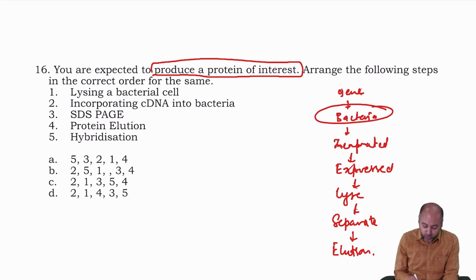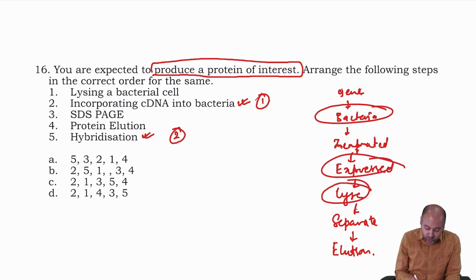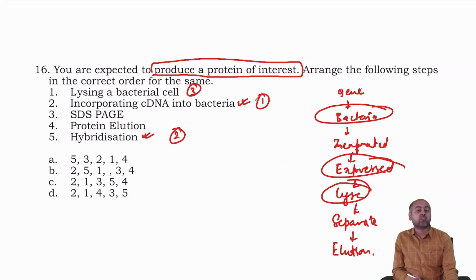Second, incorporating into bacteria, okay, this is there, so this should be our step 1. Then the incorporation or hybridization is mentioned, that should be our step 2. Then there is the expression, it is not mentioned in the options. Then there is lysing of the bacterial cell, it should be our step 3.